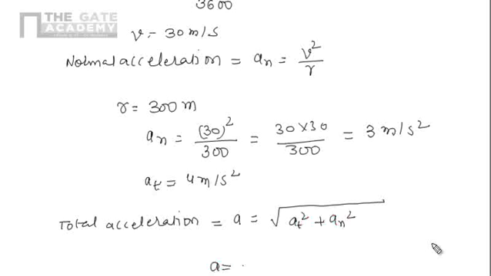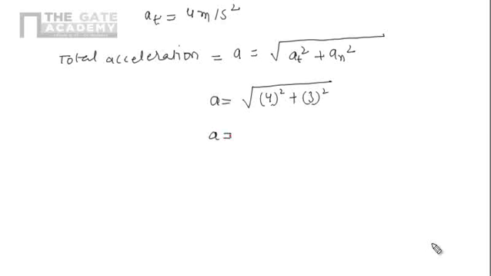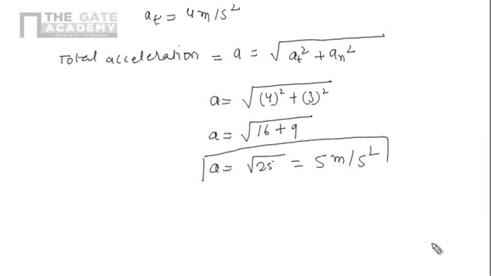So a will be square root of 4 square plus 3 square, that is 16 plus 9. A will be square root of 25, which is 5 meter per second square. So the total acceleration of the particle will be 5 meter per second square. The correct answer is 5 meter per second square.